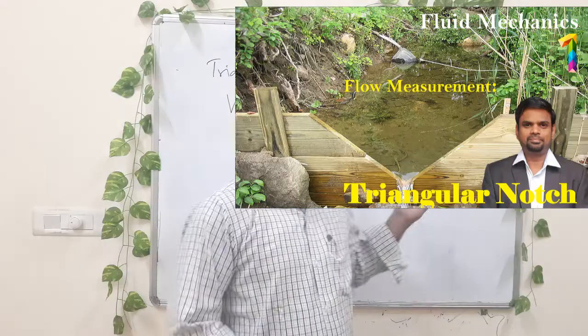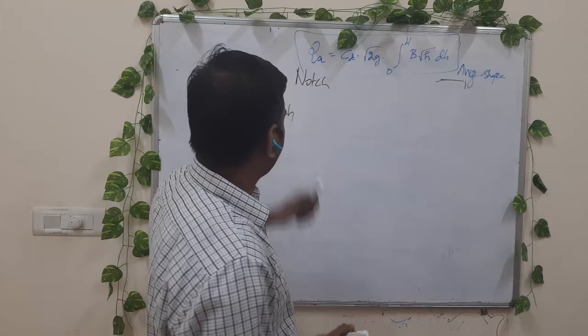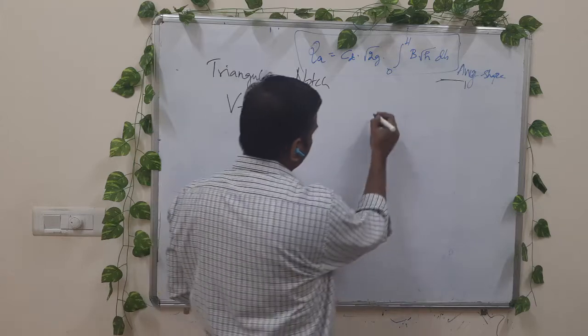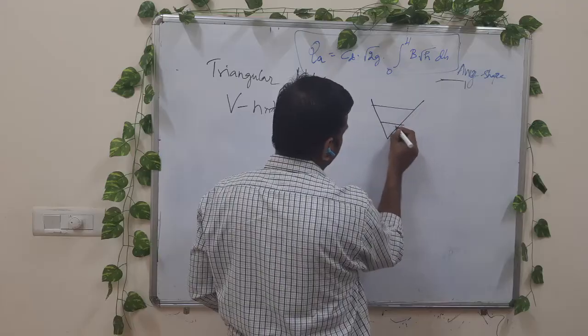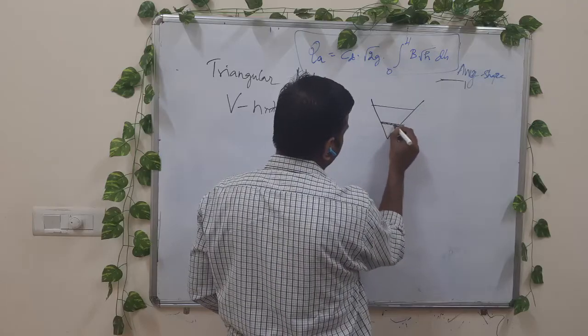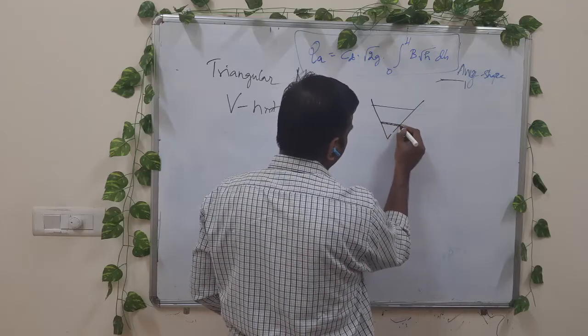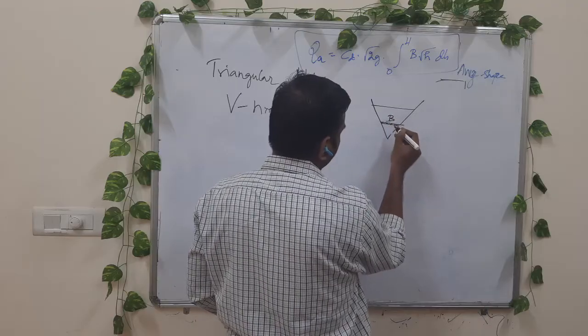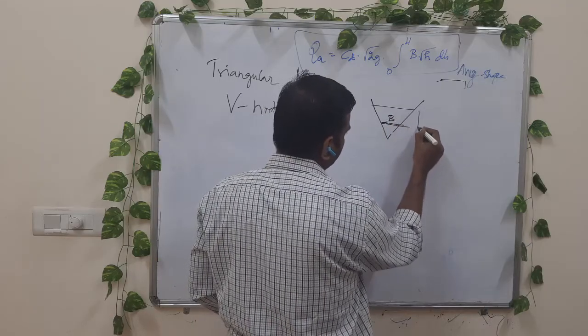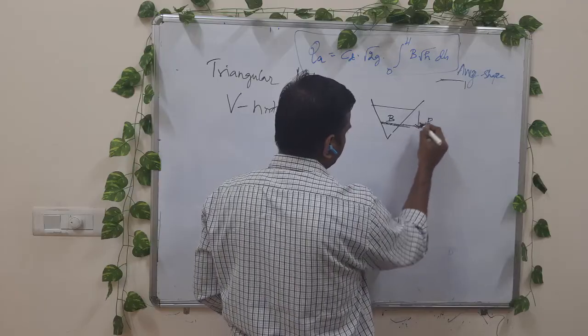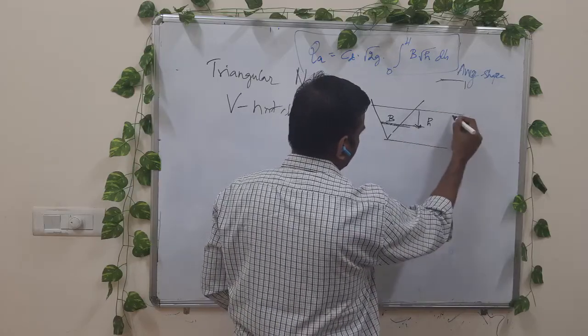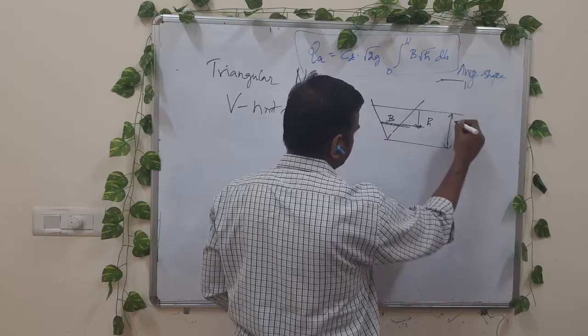We can do the derivation for a triangular notch. So for that we have to consider a triangular notch, right? In that we will consider a fluid element of some thickness at a particular height. We have a particular width B, which is at a depth of small h meters from the free surface, and let capital H be the total height.